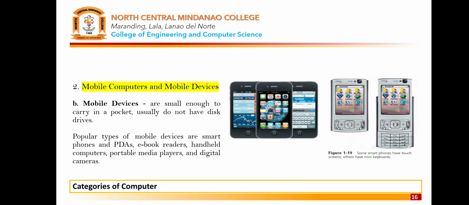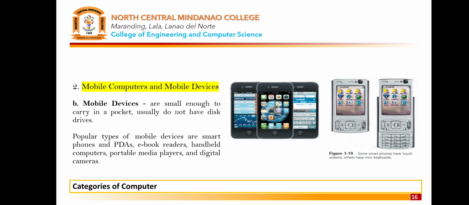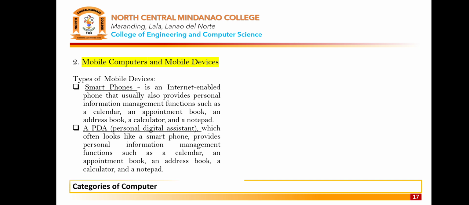Okay, so popular types of mobile devices are smartphones, of course, PDAs or personal digital assistants, ebook readers, handheld computers, portable media players, and digital cameras. Okay, so let's start with smartphones first.